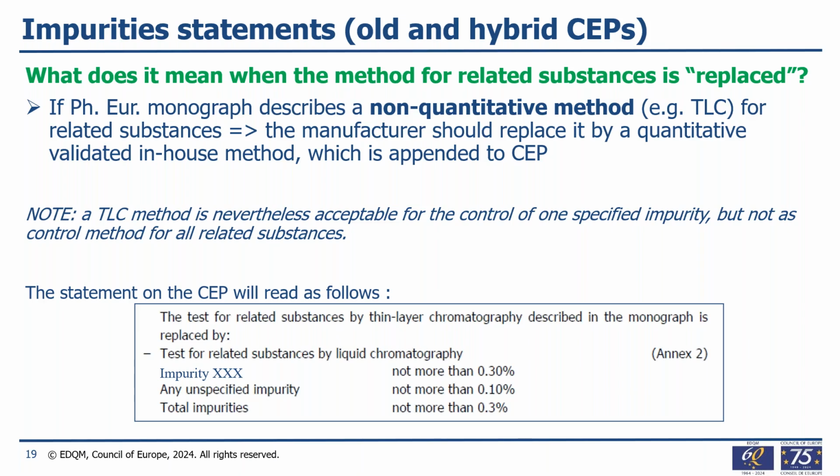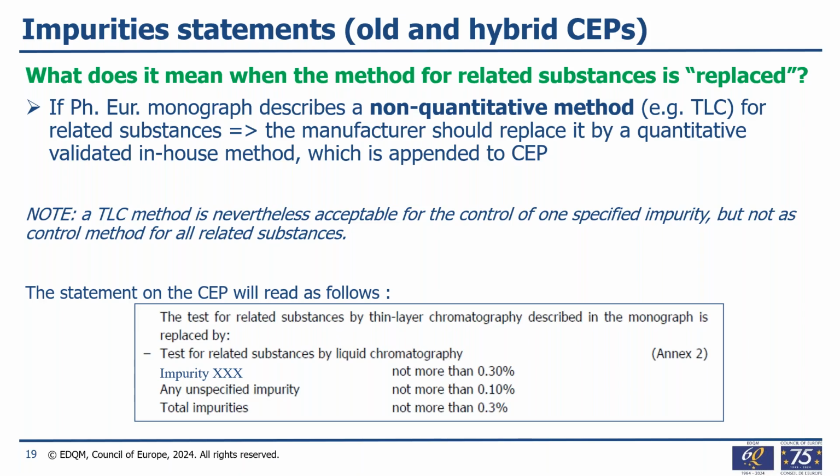Then, in some cases, the EP monograph may still describe a non-quantitative method, for example, a TLC method for related substances. In this case, the manufacturer should replace this non-quantitative test by a quantitative validated in-house method, and the in-house method is appended to the CEP.